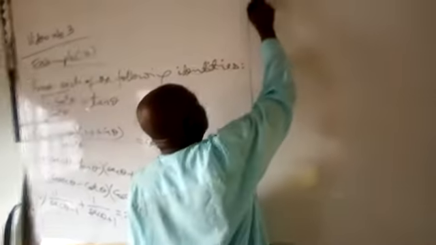Now, we move to the next question. We are required to prove that sec theta minus tan theta into sec theta plus tan theta is equal to 1. That is the third.